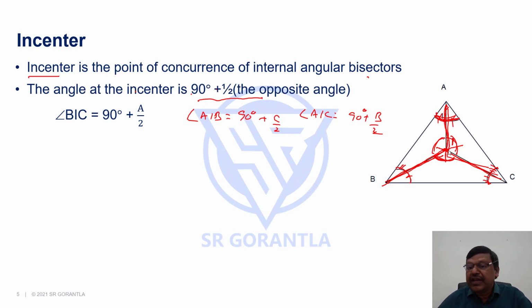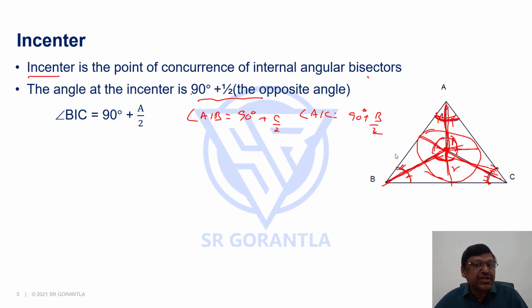Next, from incenter, taking this as center, we draw a circle which will touch all the three sides internally. Because it touches all the three sides internally, you know, from center of the circle to any point on the circle will be equidistant. So from incenter, the distance to all the three sides will be same. That's what we call the inradius, small r.